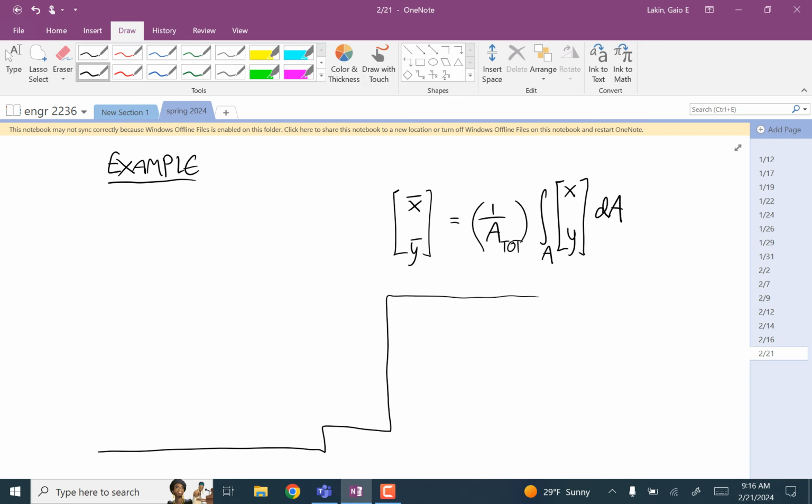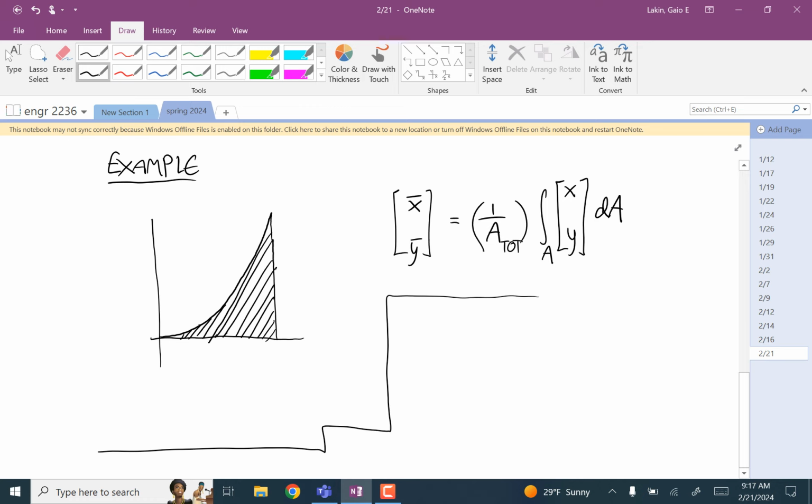And let's do a shape like this. Let's say we have a parabola, and we're going to calculate the centroid of this.